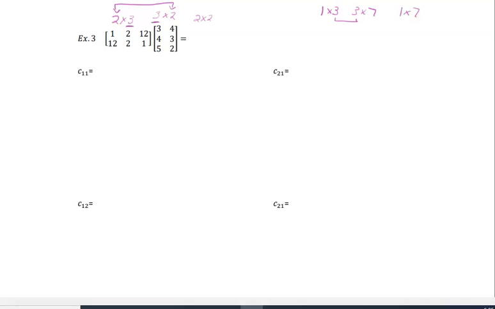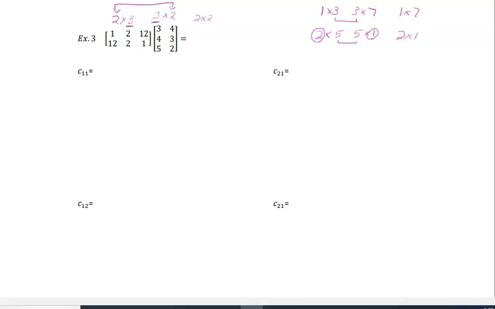If I wanted to multiply a 2 by 5 and a 5 by 1, again, these two middle numbers are the same. Again, better would be to say the columns of the first is the same as the rows of the second. They're the same, and so I can do it, and I get out a 2 by 1.